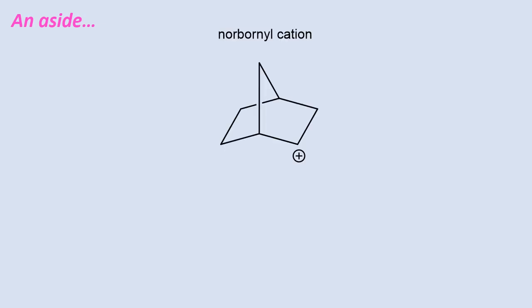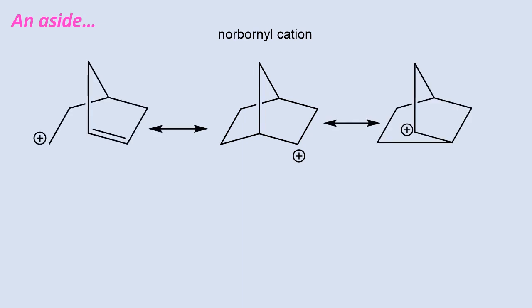As a brief aside here, this is a little bit of an advanced topic, but I just want to talk to you a little bit about the norbornyl cation itself. And the two structures I'm showing you here, there was a lot of controversy for a long time about whether or not this cation existed in equilibrium between these three different structures.